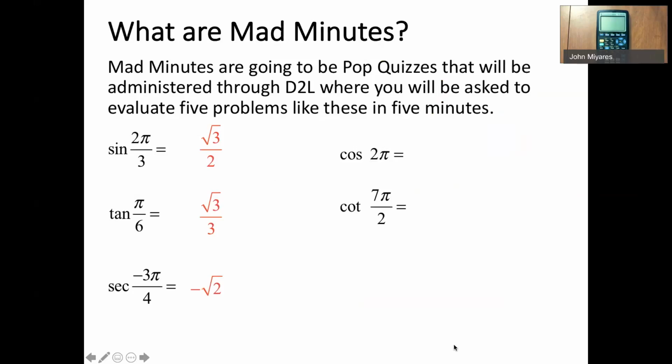Cosine of 0 passes through the point 1, 0, so x over r will equal 1. Finally, the cotangent of 7 pi over 2, that's coterminal with 3 pi over 2, or negative pi over 2. Anyway, it's a 90-degree reference angle. The cotangent of 90 degrees is 0, so the cotangent of negative 90 degrees will also be 0.